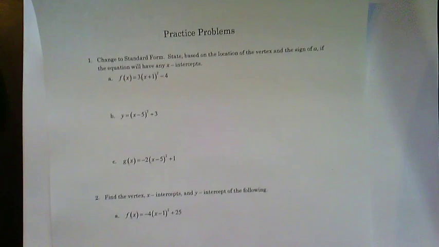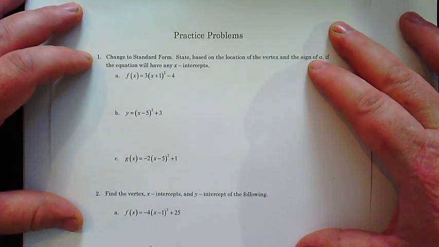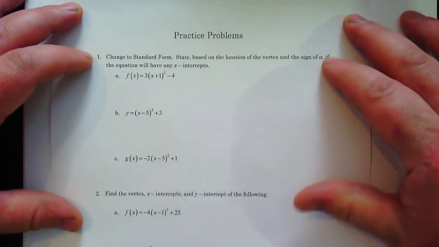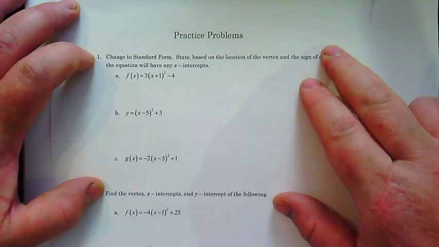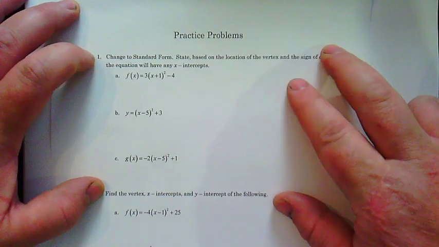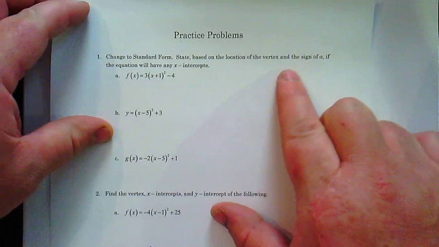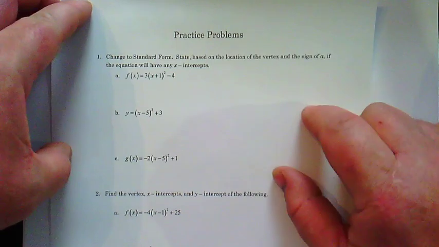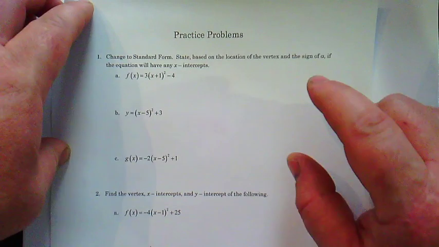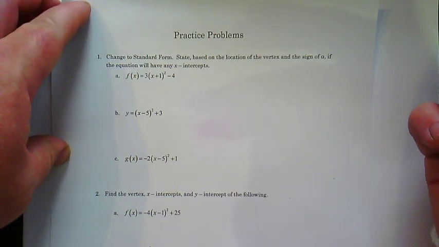Here, let's zoom in on these right here. Those of you who are freshmen, this is going to be your assignment for the day. There are 2 parts, 3 questions for part 1, and it says change to standard form. So we got vertex form, and we're changing to standard form, right? And then it says to determine if there are going to be any x-intercepts or not, based on the sign of a and the location of the vertex.